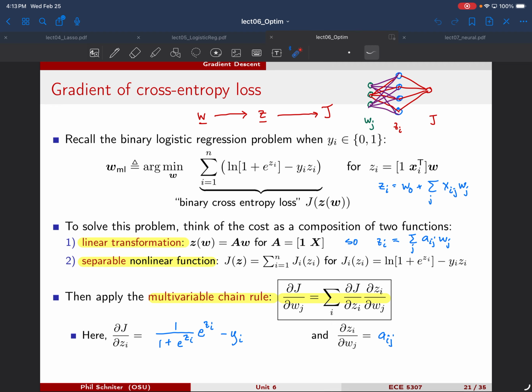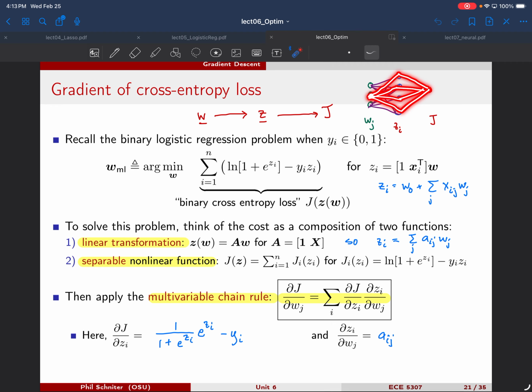And so what we did is we realized that we can use the multivariable chain rule in this case, which says that if you're looking at the derivative of J with respect to a particular weight wj, let's say this one here, you can kind of visualize the way that these variables are connected like this, where that particular w affects capital J through all the different scores zi.